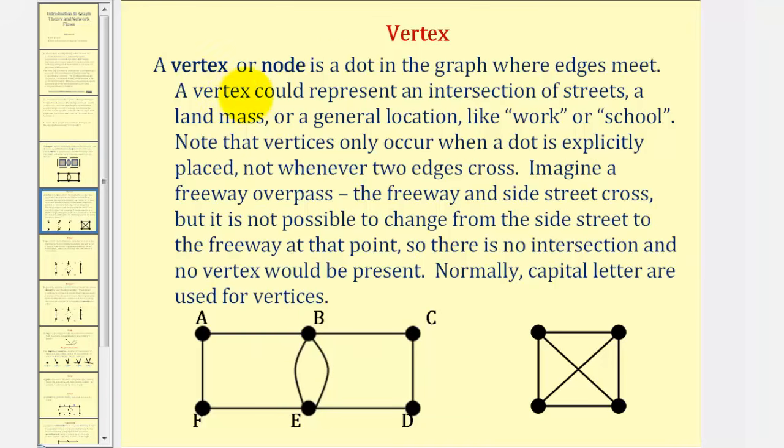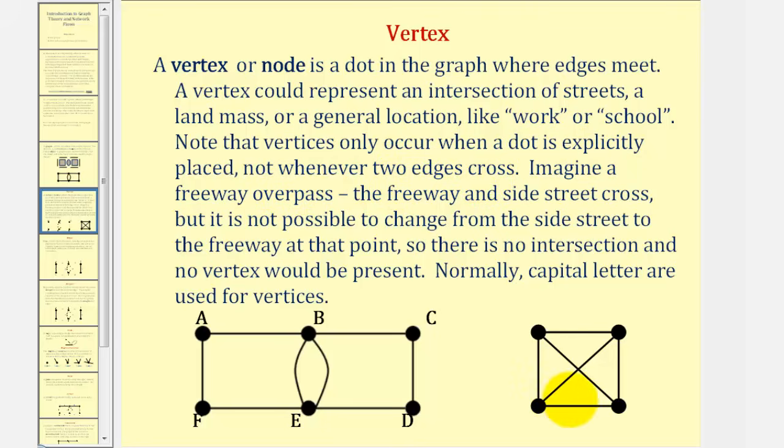So again, a vertex or node is a dot in a graph where edges meet. A vertex could represent an intersection of streets, a landmass, or a general location like work or school. Note that vertices only occur where a dot is explicitly placed, not wherever two edges cross.